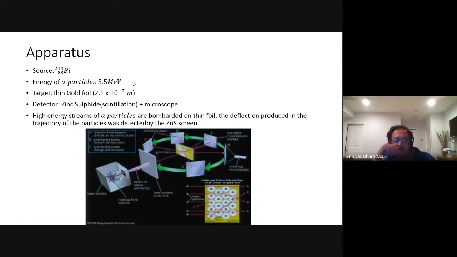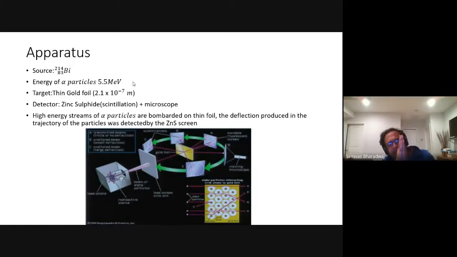using electromagnetics. Okay, so once he generated these alpha particles, he created a lead screen with a slit in the middle so that they would be channeled in a certain direction. He allowed them to pass through that hole in the lead screen and then hit a thin gold foil whose thickness he had very meticulously and carefully made to be 2.1 into 10 to the power minus 7.